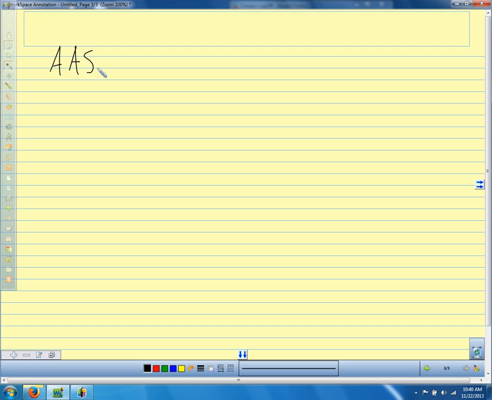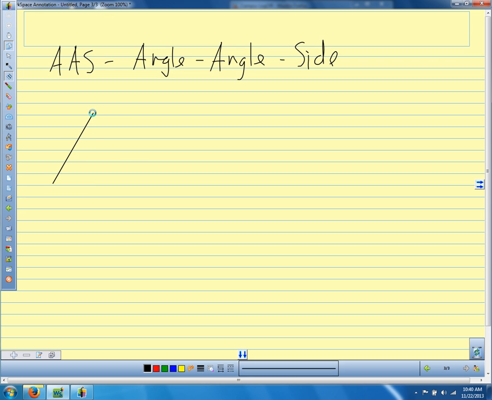This part doesn't go into your graphic organizer yet. I want to talk a little bit about it first, and then we'll add the information to our graphic organizer. So let me draw a triangle, and we will talk a little bit about this triangle. Let me draw another one.